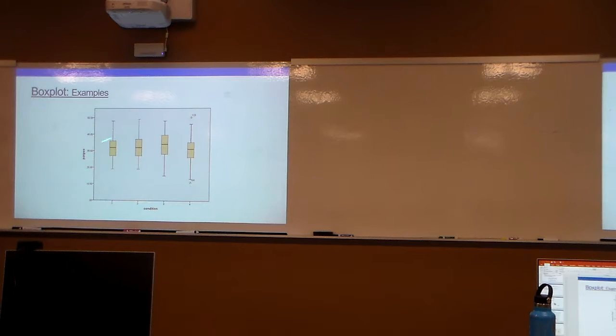What about, in general, your thoughts about variability across these 3 or 4 different conditions? What do you think, CJ? Looks like number 3 has the most variability within the middle 50%. Mm-hmm. But 4 has the outliers with extremes. Yeah.